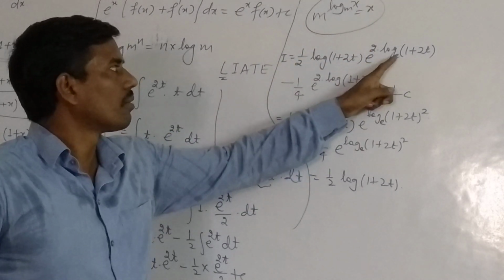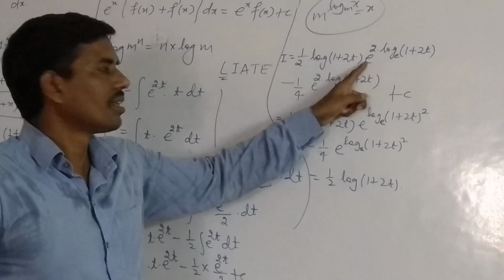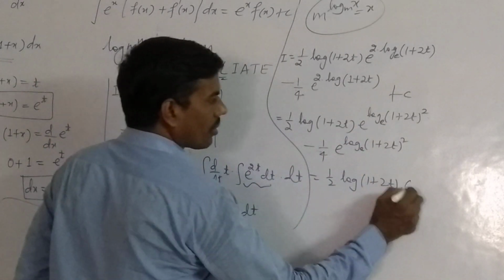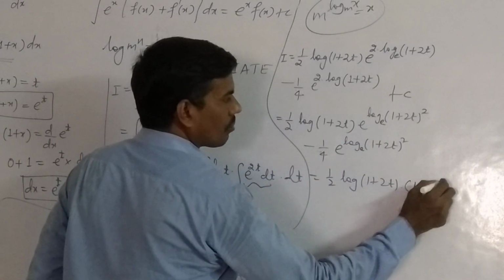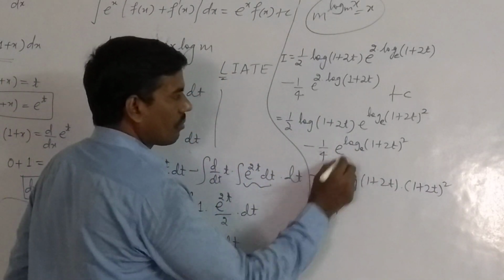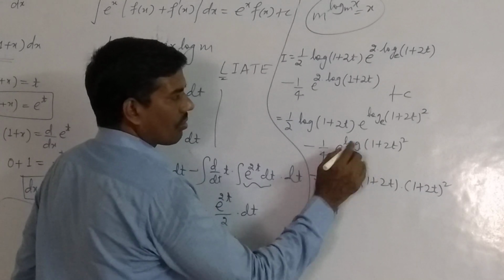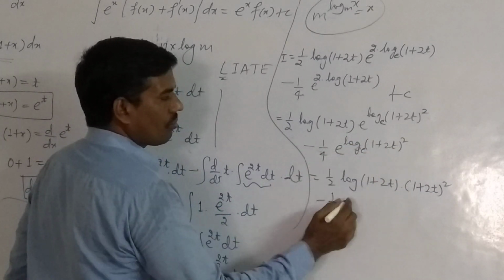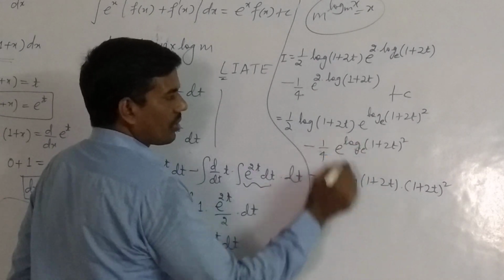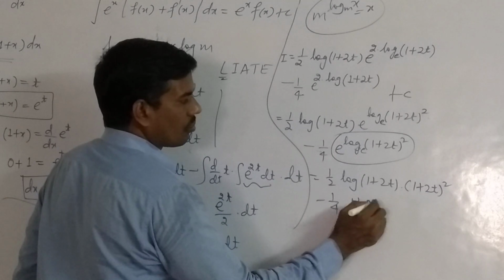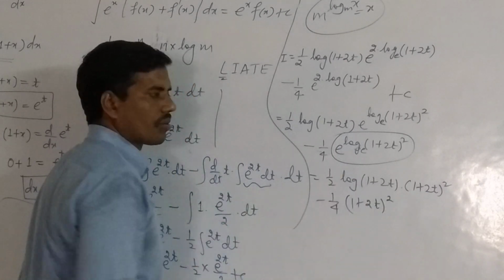Here also see the base e, so this is equal to 1 plus 2t to the whole square, correct, minus 1 by 4. See, natural logarithm with base e, so the value of this one is 1 plus 2t to the whole square.